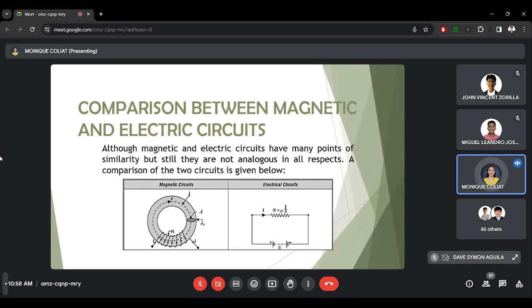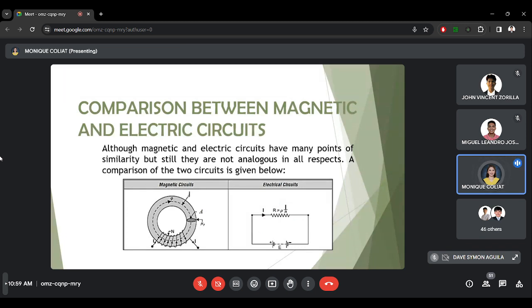In the electrical circuit, you already know this because you already took basic electrical engineering, right? We have here the source, I think it's a battery. Then we have the conductor and the resistor. Current is flowing there.